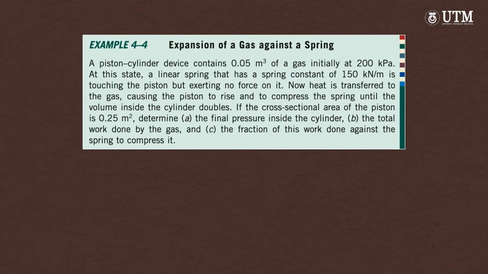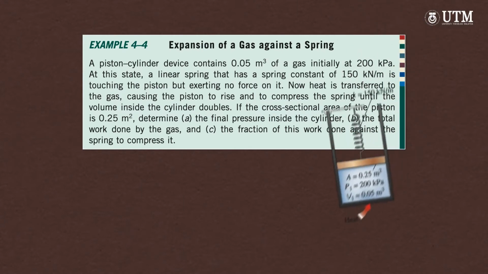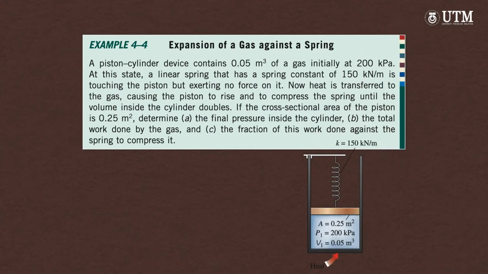In this example, a gas in a piston-cylinder device equipped with a linear spring expands due to heating. The final gas pressure, the total work done, and the fraction of the work done to compress the spring are to be determined.